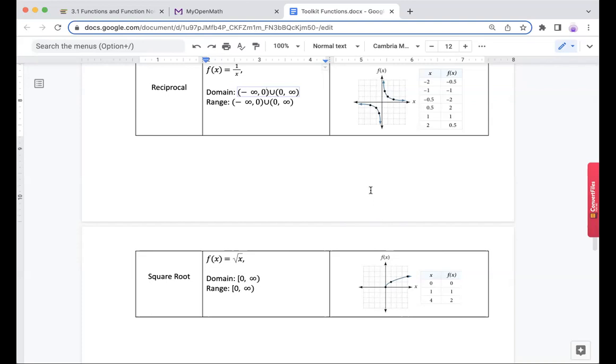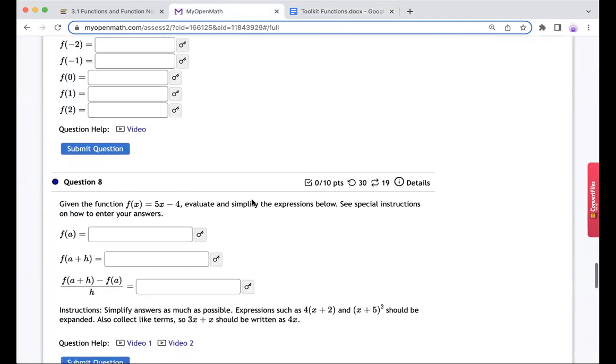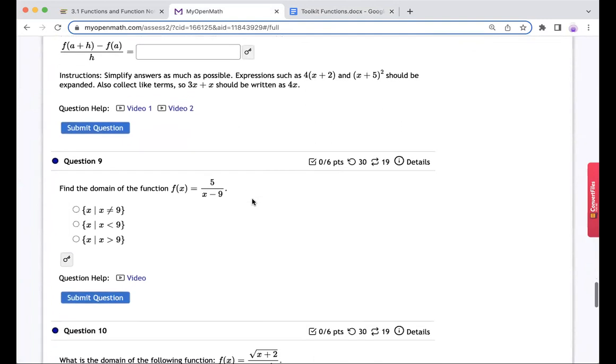Now jump to the equation over here when you find the domain. As I mentioned before, you have to find the domain of this function right here. This one looks like the one you had earlier. This one would be 5 divided by x minus 9. So for domain, we always ask here, do I have a fraction? If I have a fraction, then the denominator cannot be 0. So I have x minus 9 here, and this cannot equal 0.